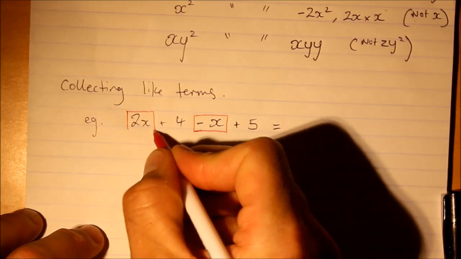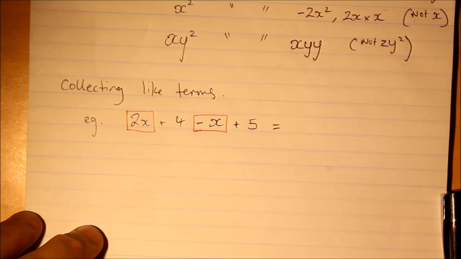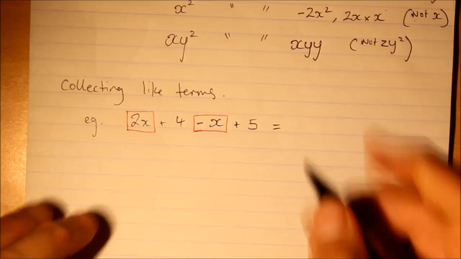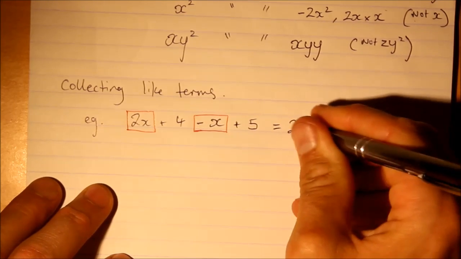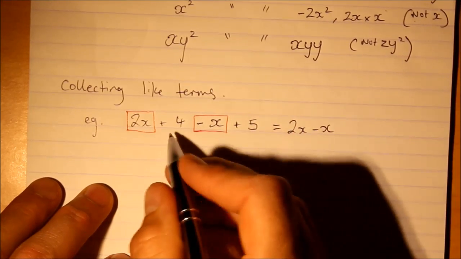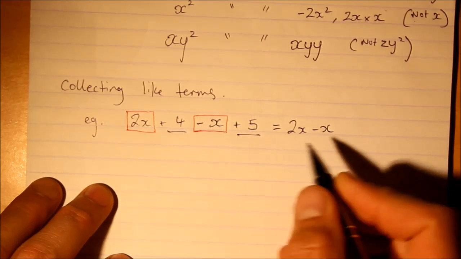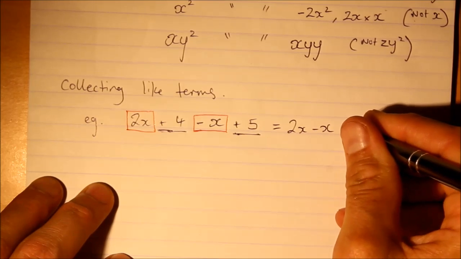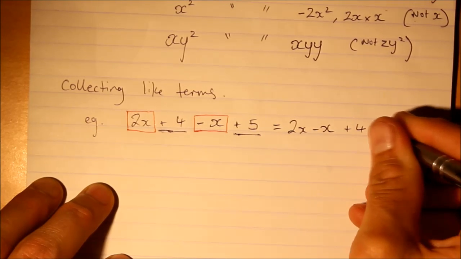So you can, if you want to, when you're starting off, circle or group like terms like this. So 2x minus x, and what's left over, just remember to include that sign, plus 4 plus 5.